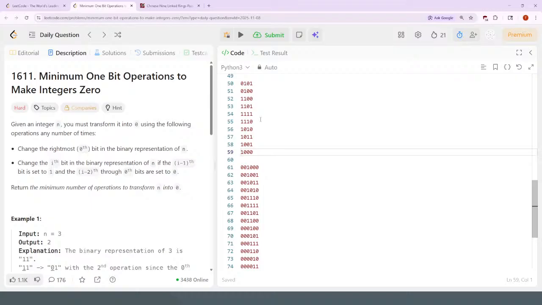After the starting 1 bit, I want the next one to be a 1 and then a bunch of zeros. The next one to be a 1 followed by a bunch of zeros.